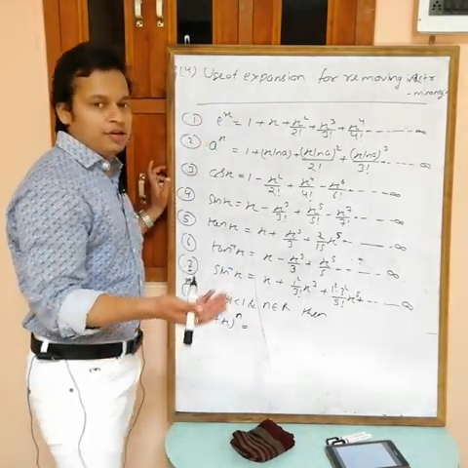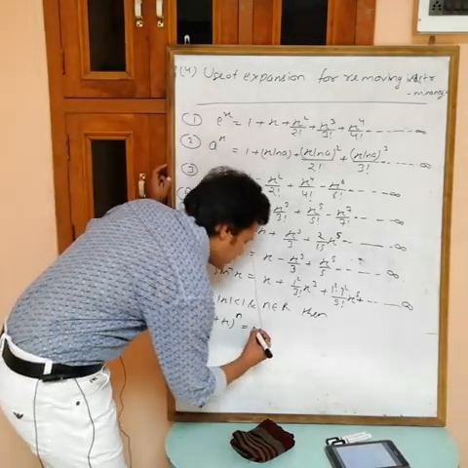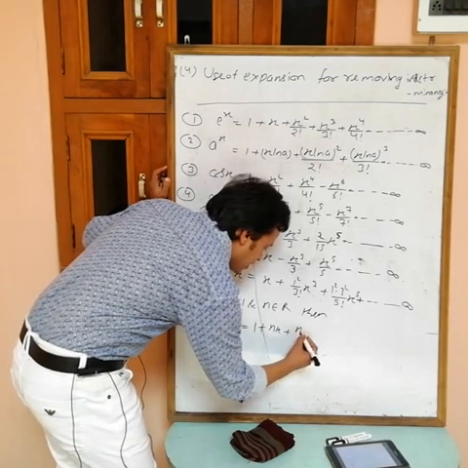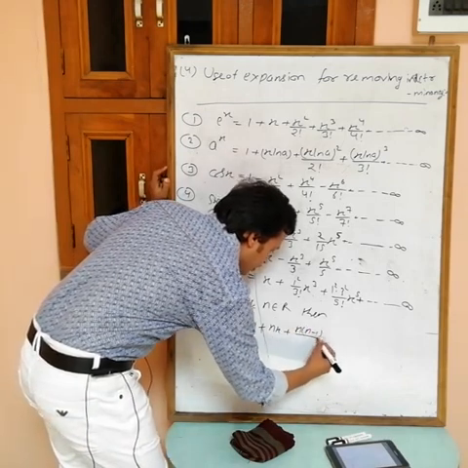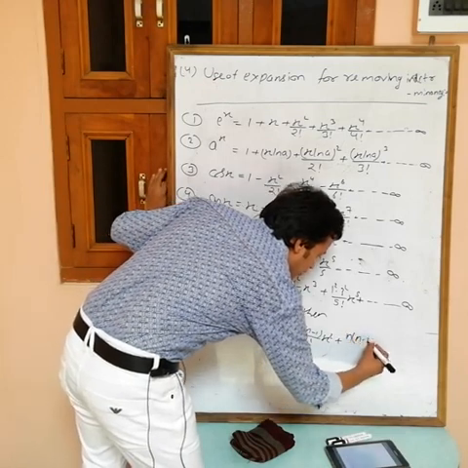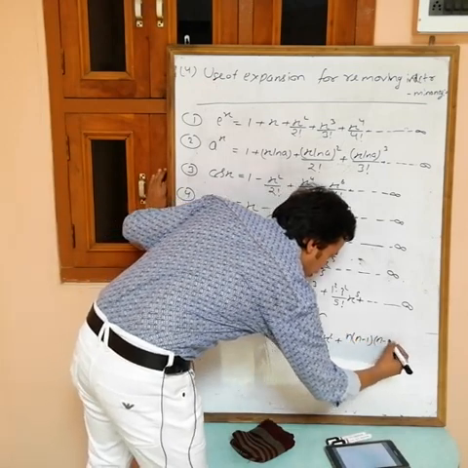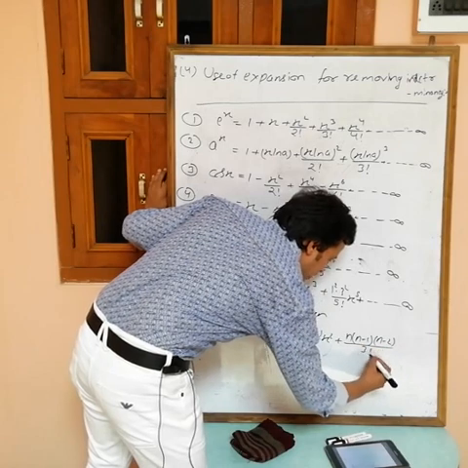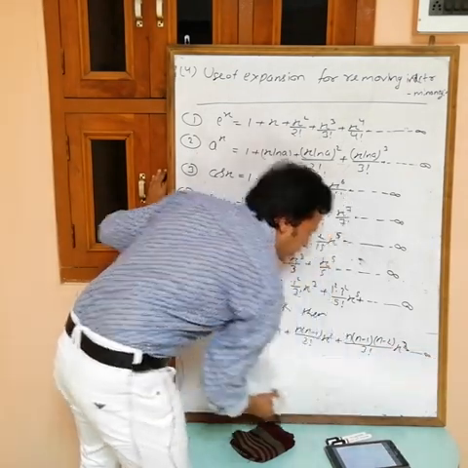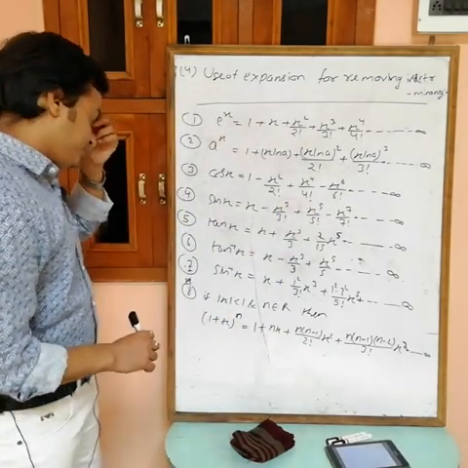This also has infinite terms, it is done in 11th, and the sequence is 1 plus nx plus n into n minus 1 by 2 factorial x square plus n into n minus 1 into n minus 2 by 3 factorial x cube, up to infinite terms.